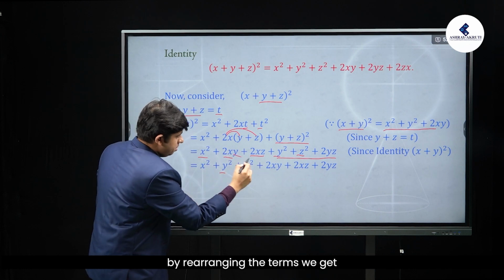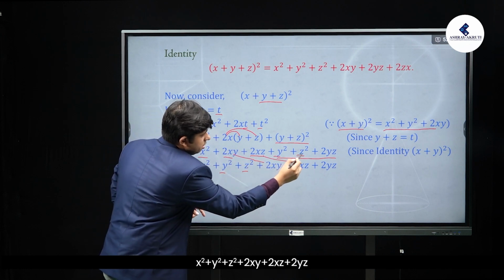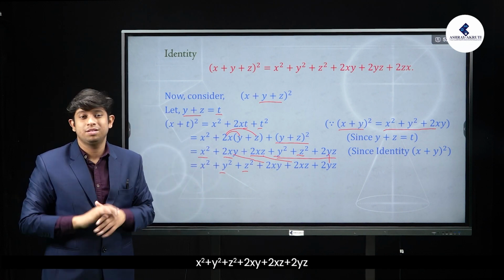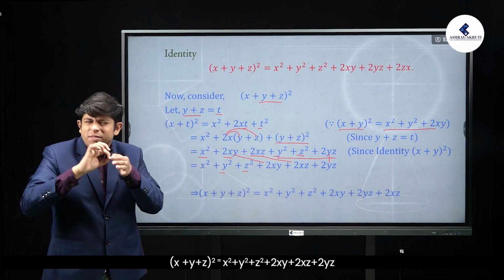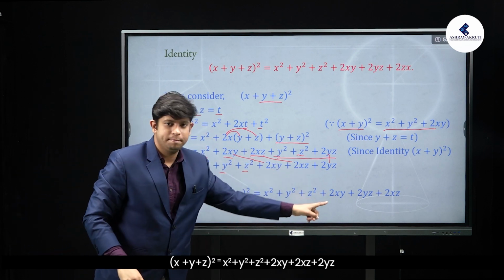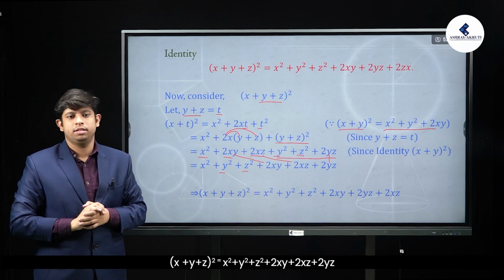By rearranging the terms, we get x square plus y square plus z square plus 2xy plus 2xz plus 2yz. So the identity is defined as x plus y plus z whole square is equal to x square plus y square plus z square plus 2xy plus 2yz plus 2xz.